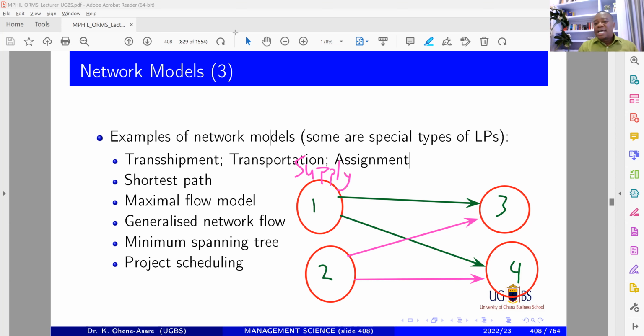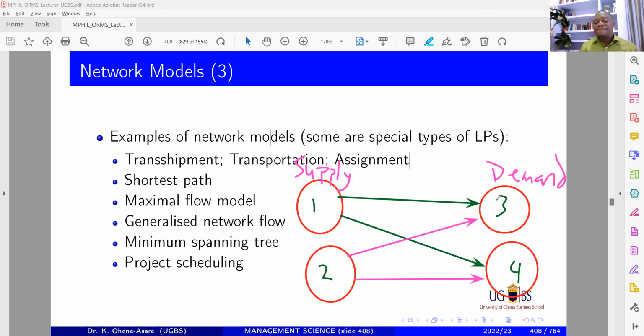And where the item is being sent to is known as the demand node, which is the destination. So you have from the supply node going to the demand node, connected using the arcs.